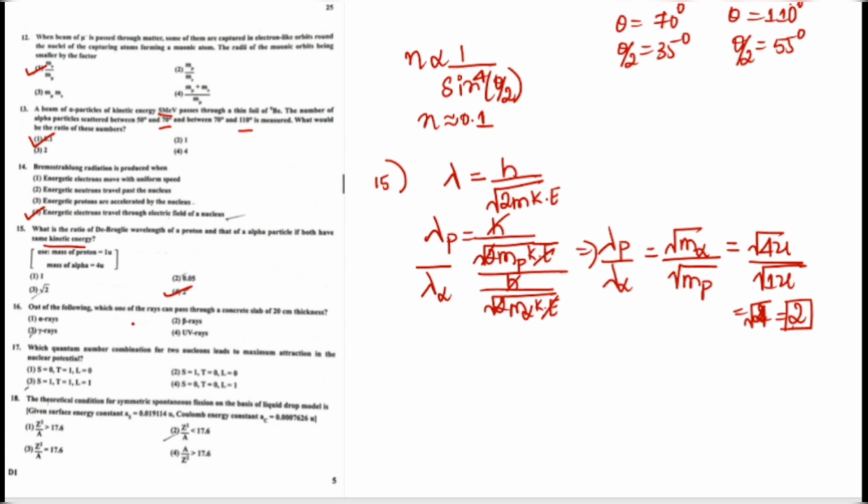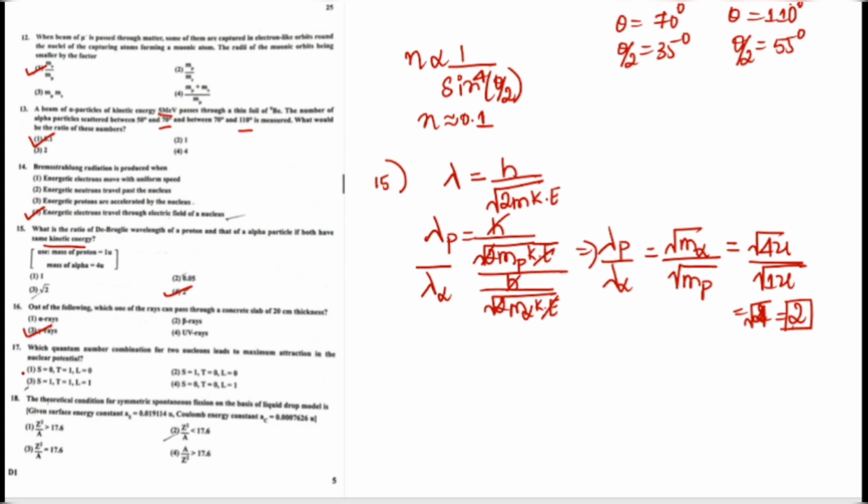Out of the following, which one of the rays can pass through a concrete slab of 20 centimeter thickness? It can pass through gamma rays as well as X-rays. X-rays are not given in the question, so I'll go with option C. Next, which quantum number combination for two nucleons leads to maximum attraction in the nuclear potential?